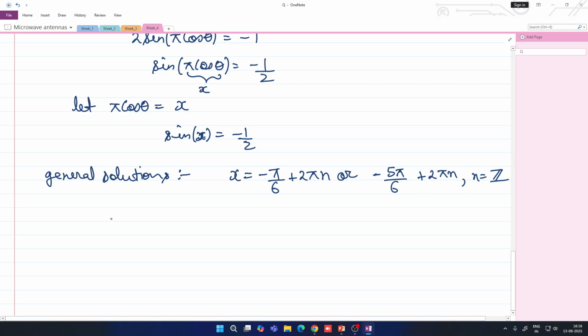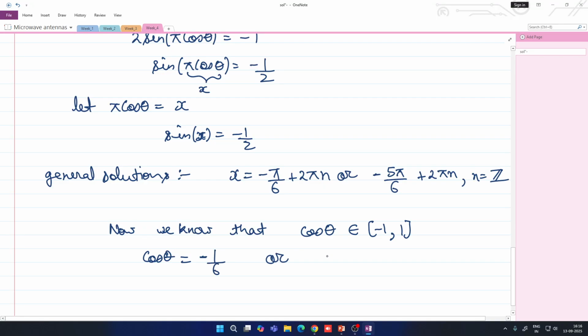And we also know that cos theta will be between minus 1 to 1. Because we assumed that pi cos theta is equal to x, cos theta can be minus 1/6 because cos theta lies between minus 1 to 1.